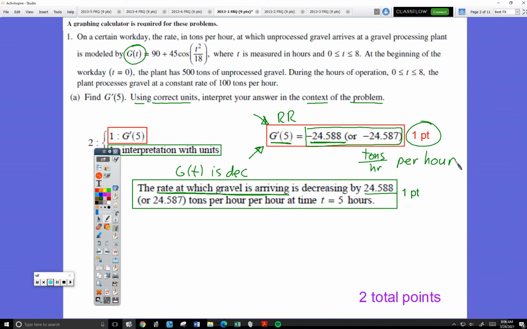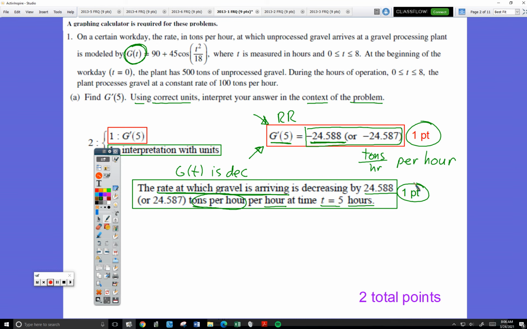So whatever G is at hour 5, whatever the rate of incoming gravel is, that rate is going down by about 24 tons per hour. That decrease is occurring every hour at time equal 5 hours. Keywords are, that's kind of a hard one.